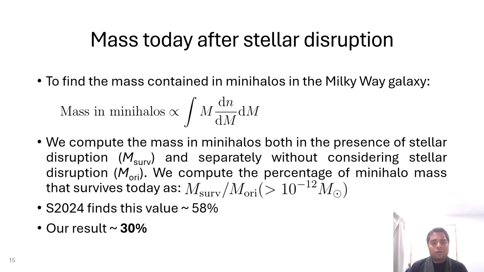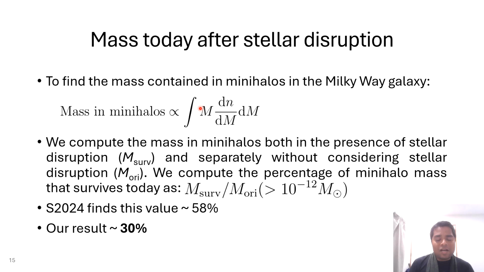Okay, so we've seen how to compute the mass function of minihalos within an adiabatic halo by considering the isocurvature and the adiabatic components. That would be the mass function in the absence of stellar disruption. If we take that mass function and stick it in here, dn by dm is the number density of minihalos per unit mass interval.